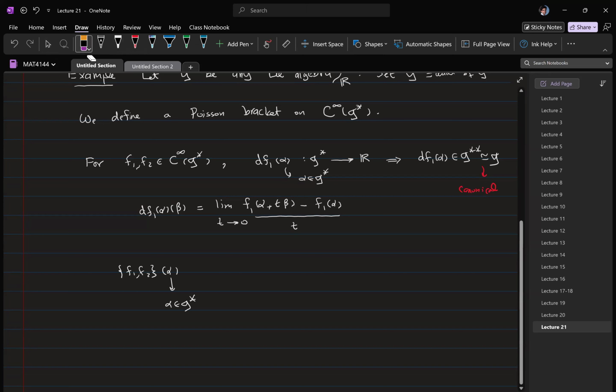So I define this to be the value of the functional alpha at the commutator of df1 alpha and df2 alpha. So again, remember that df1 alpha and df2 alpha are elements of G, right? Because they're in G star star, so they're in G. Therefore, this commutator makes sense. This is with respect to the Lie bracket of G.